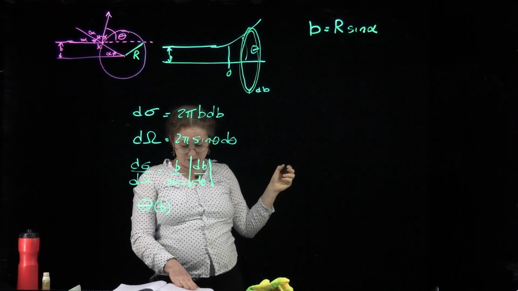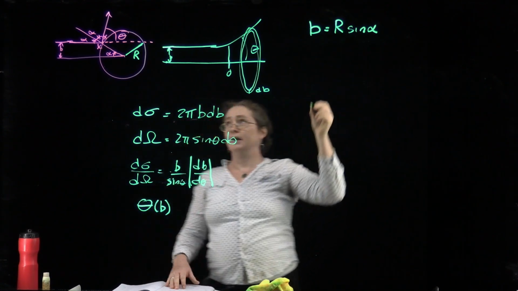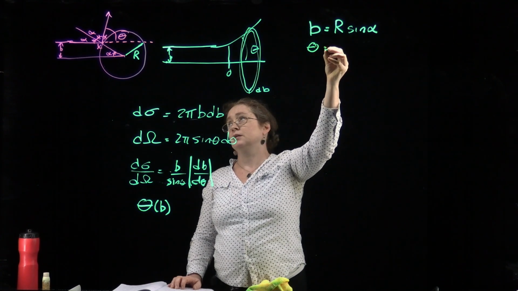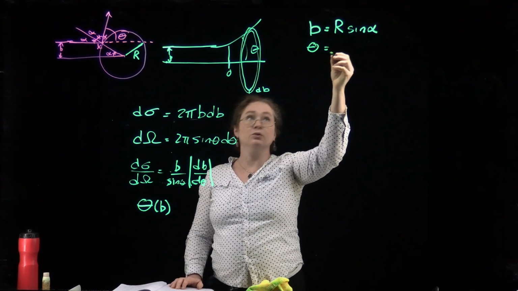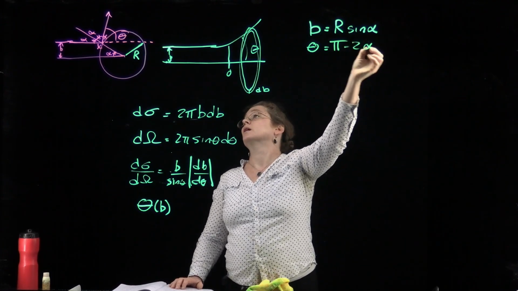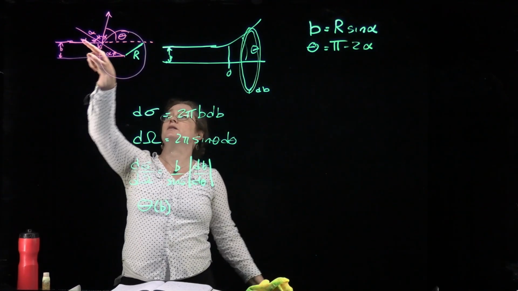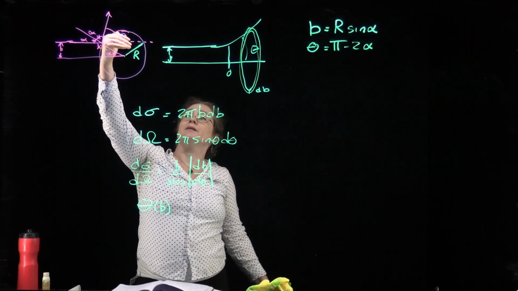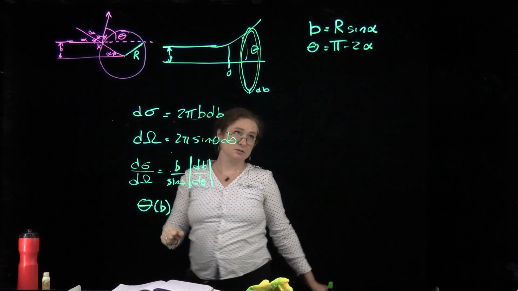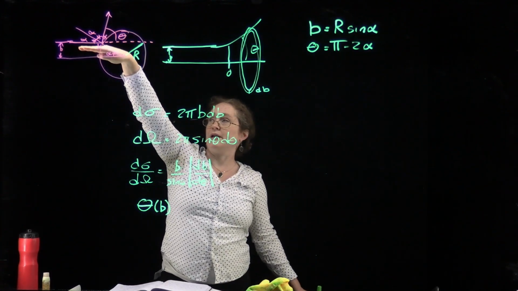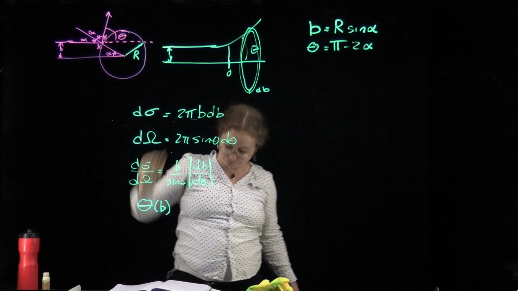So far, so good. And then theta is equal to pi minus 2 alpha, because this is 1 alpha, 2 alpha, and theta is pi minus 2 that, because this guy's pi, 1 alpha, 2 alpha.